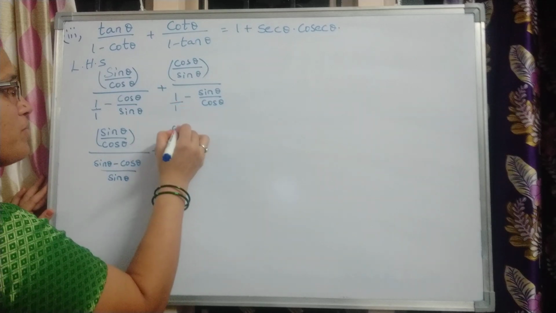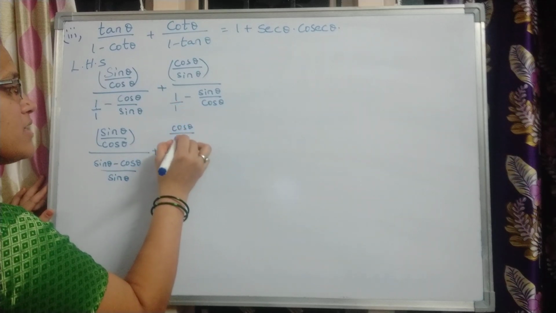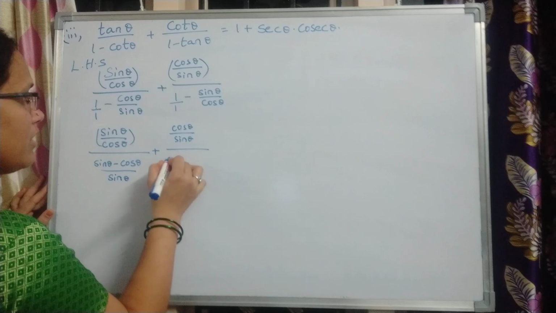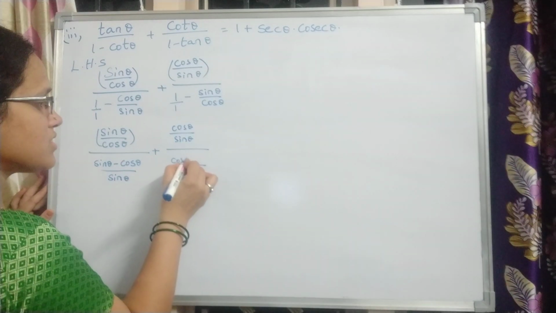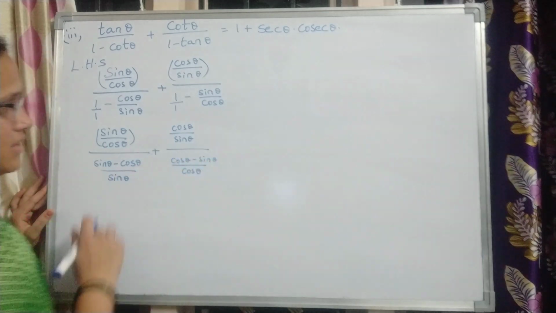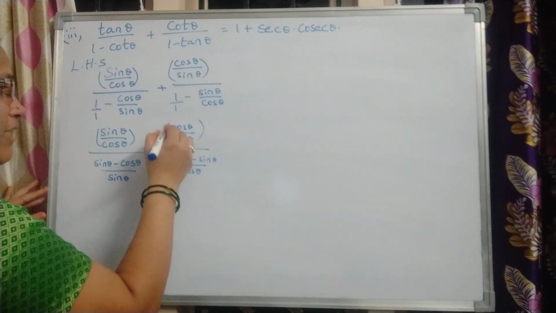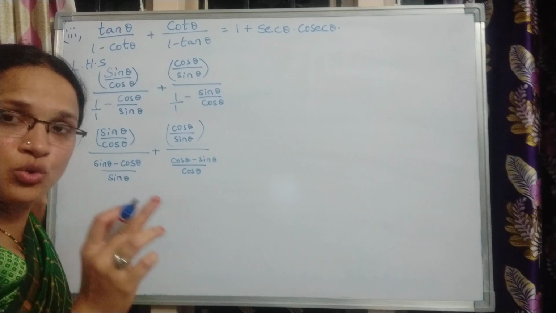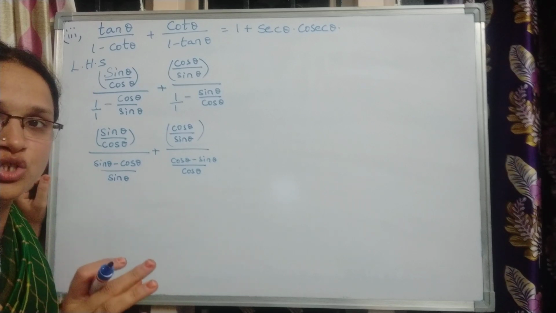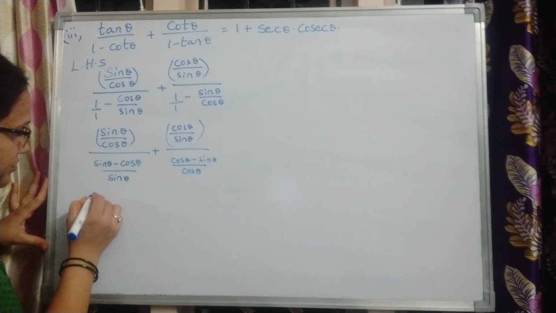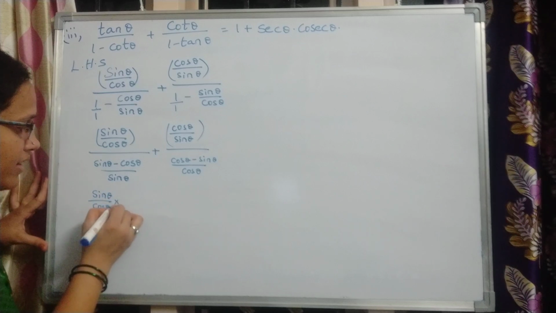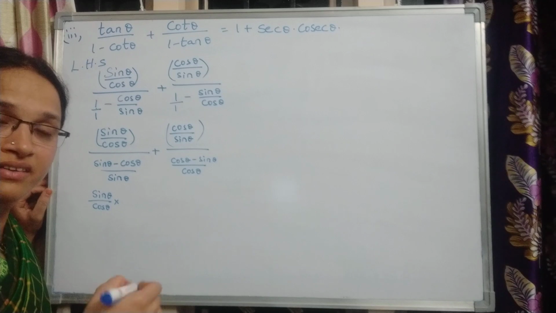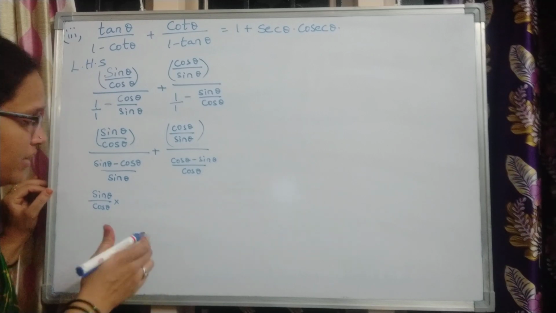Plus here also cos theta by sine theta by, so take the LCM as cos theta here. So cos theta minus sine theta. Yes. Now what I have told you, if there are fractions in numerator and denominator, what you should do? Write the numerator sine theta by cos theta and write the reciprocal of the denominator fraction.